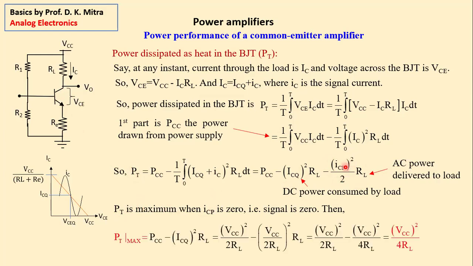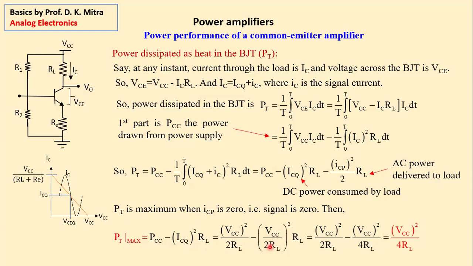In that case, what is the maximum power? It is PCC minus ICQ square RL. Now, the value of PCC I put here. Value of PCC we have done on the last page. This is VCC square by 2 RL. ICQ also we have found out, it is VCC by 2 RL.